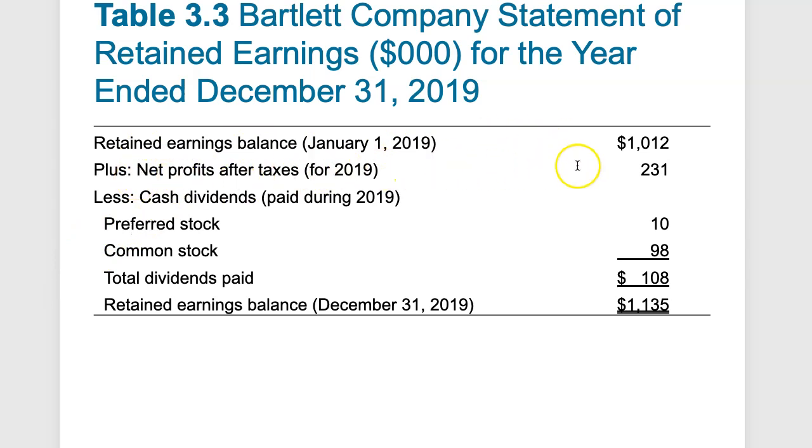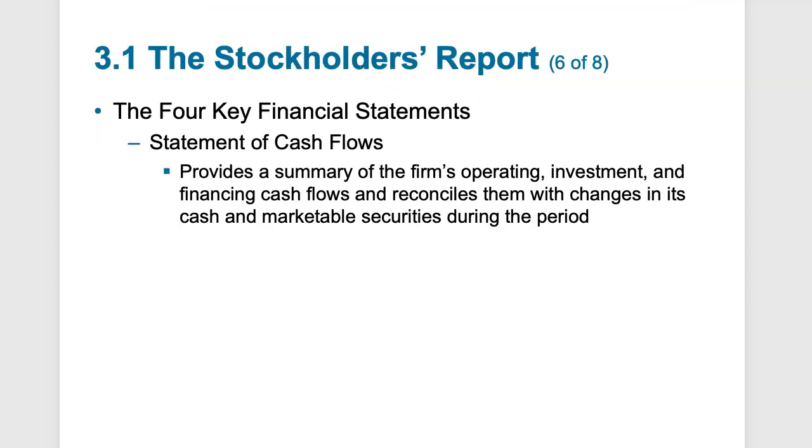We add any net profits for the year, take away any preferred stock or common dividends, and then we get our balance in retained earnings for the year. So since they didn't pay out all their profits in dividends, their retained earnings grow. And this is the money that the company has to reinvest in new projects and new capital projects later in the year.